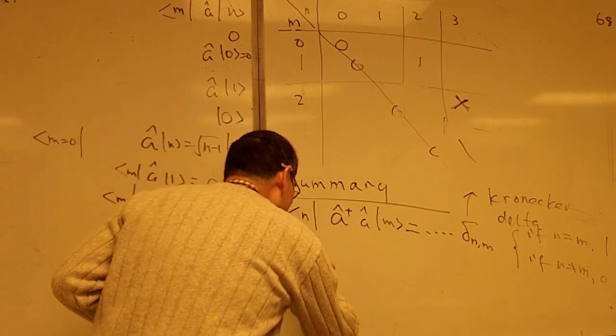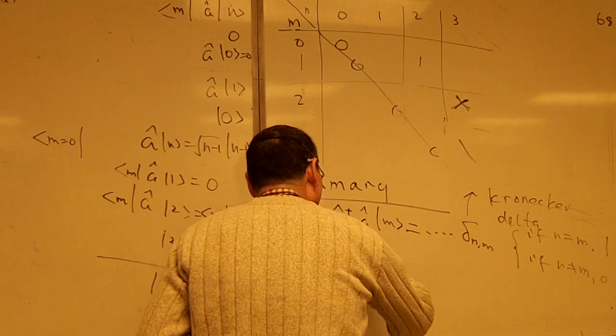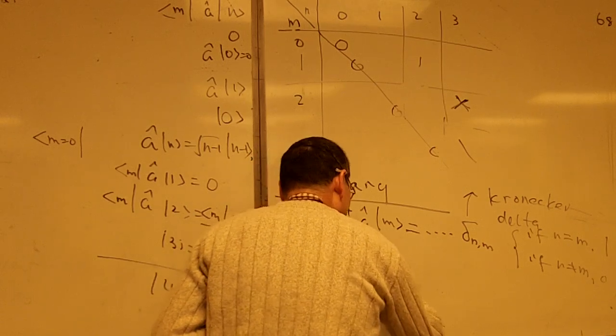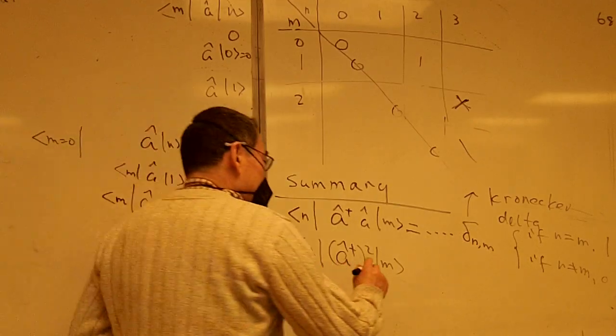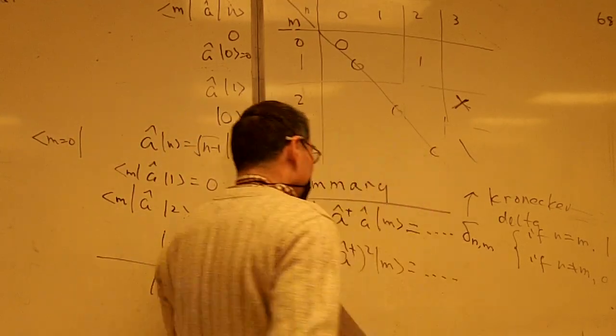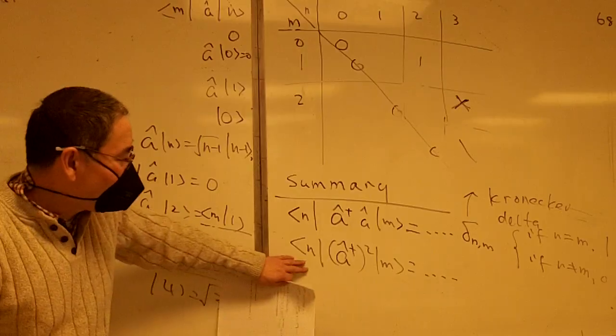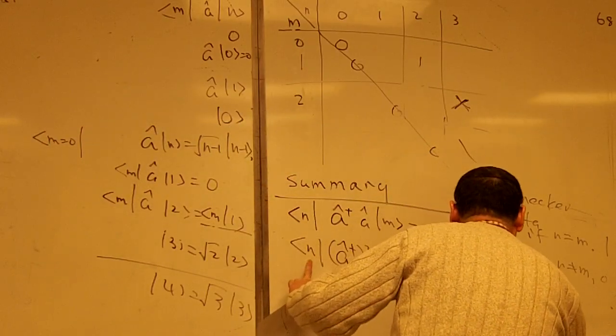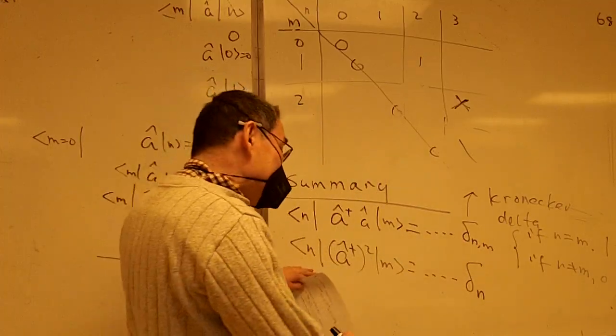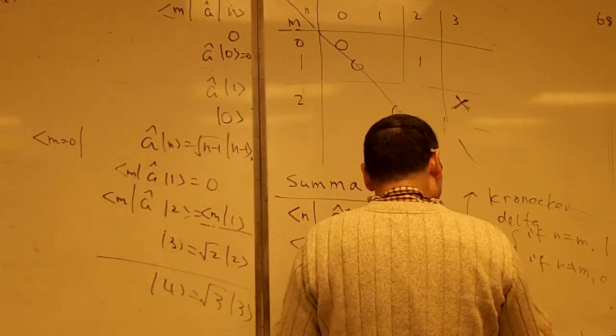On the other hand, if we have two daggers like this, and of course we have some coefficient in front, then the n is not n anymore.